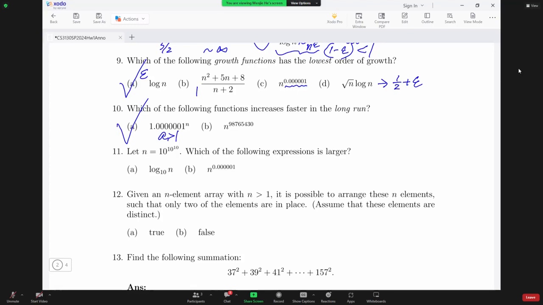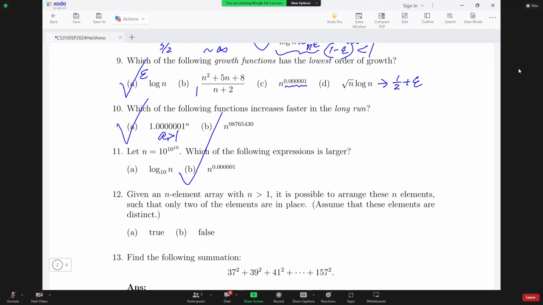All right, 11, which is larger? Actually B is larger. Here we can calculate it. But many students do not know how to calculate, so they go by their intuition, and it looks like A is a little larger, but it's not.